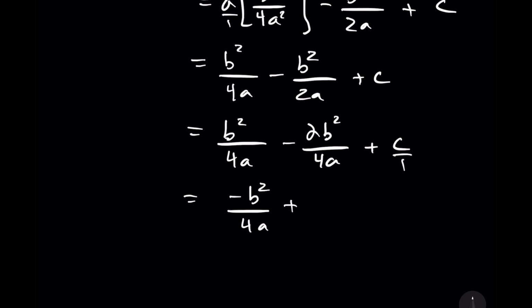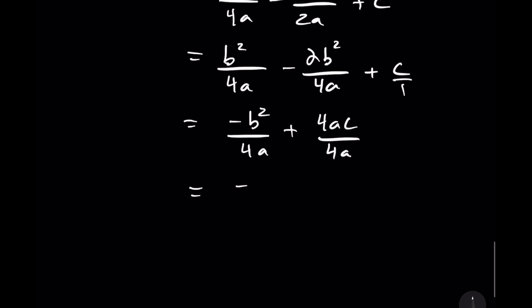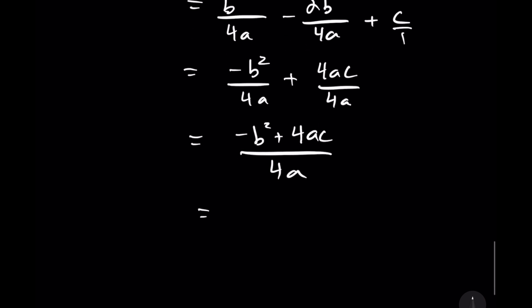So c is over 1, so let's multiply the numerator and the denominator by 4a. So we have 4ac over 4a. That's minus b squared plus 4ac over 4a. Or in other words, it's the same thing as 4ac minus b squared over 4a.